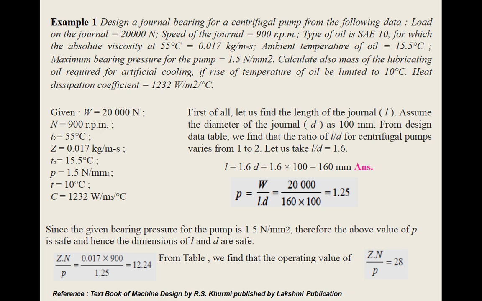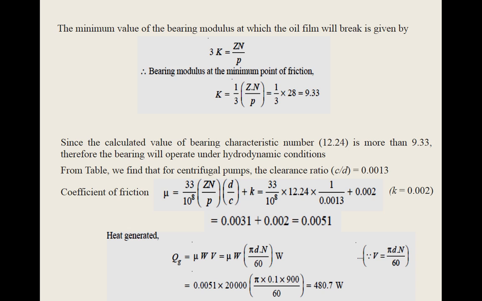If the calculated value of Zn/P is greater than the design data book value, then the design data book value of Zn/P is taken for calculation purposes. After that, we cross-checked with the bearing modulus K to identify whether the operating condition is hydrodynamic or hydrostatic.